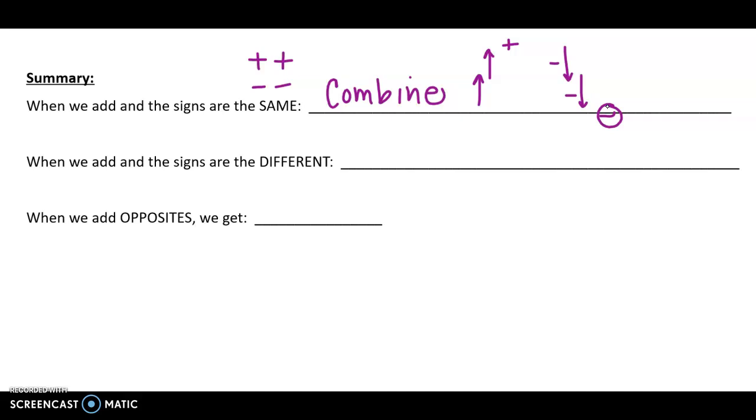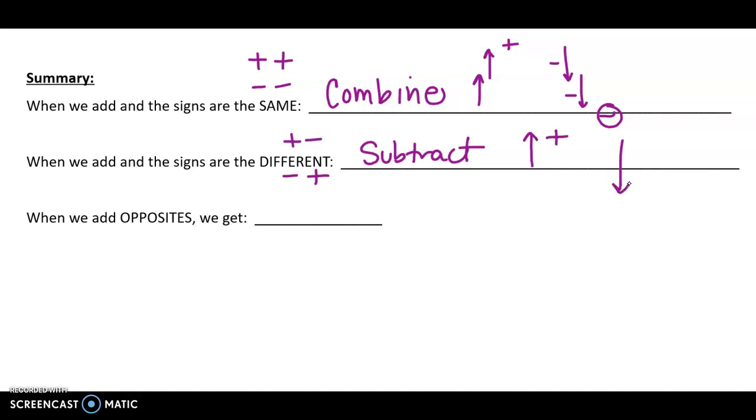All right, when we add and the signs are different, so that means 1 positive and 1 negative, or 1 negative and 1 positive, when we put those together, to get the answer, we're actually going to subtract. Because what we're trying to figure out is which one do I have more of, okay? If you have more balloons, if the positive is bigger, you're going to end up with a positive answer.